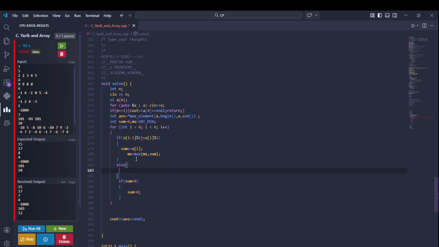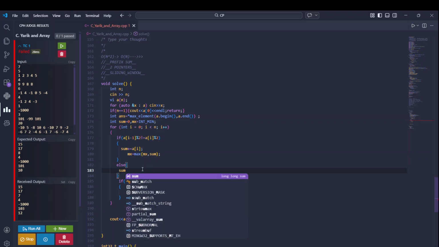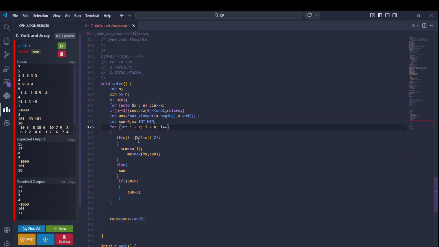Else I'm just gonna say, else I'm gonna make this sum as, but I don't know if Kadane's algorithm will work if I do this type of thing, because I never learned Kadane's. I only solved one problem in Kadane's, which is the standard one, like the subarray one. I do understand that, but I don't know it will work if I modify anything.